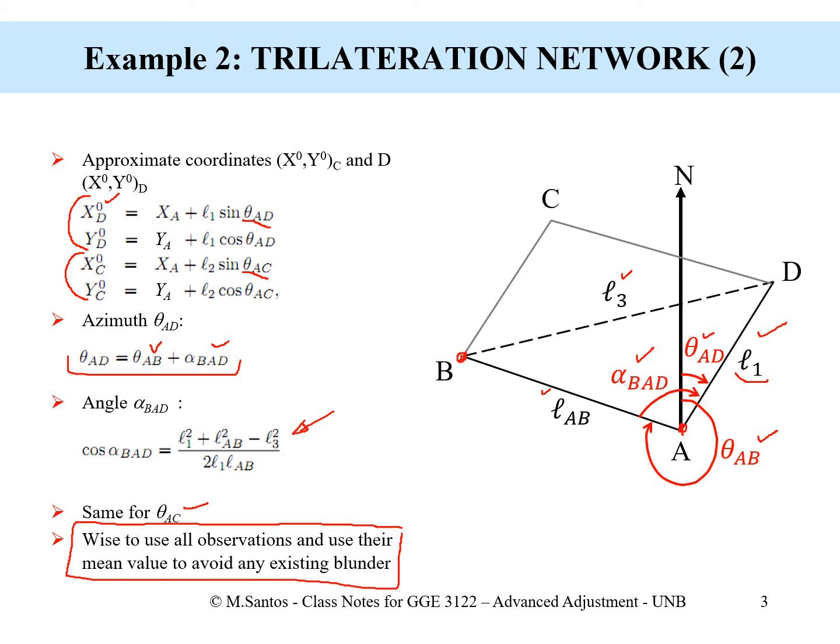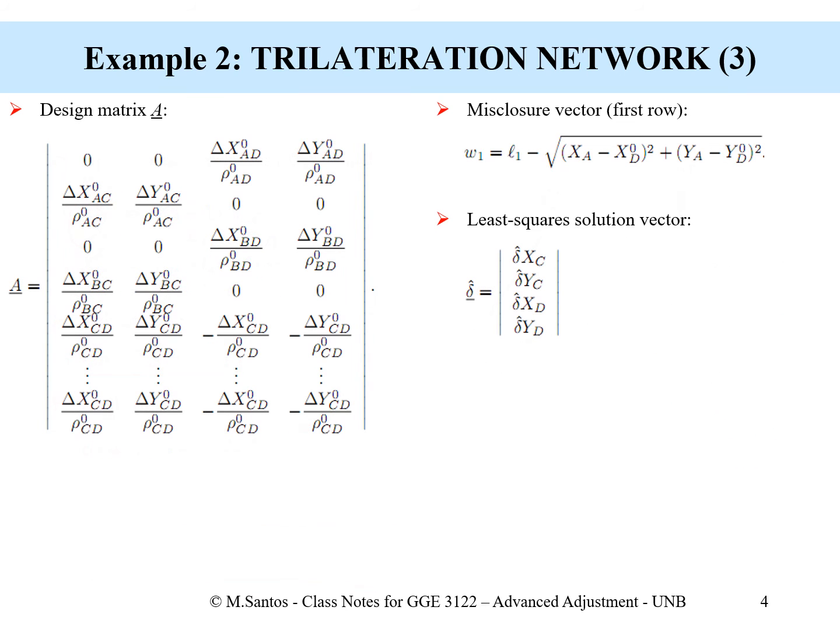Okay, let's look at the design matrix. Here is how the design matrix looks. As we talked, the design matrix is 30 by 4. So here we have the 4 columns. Each column is dealing with one particular coordinate value.